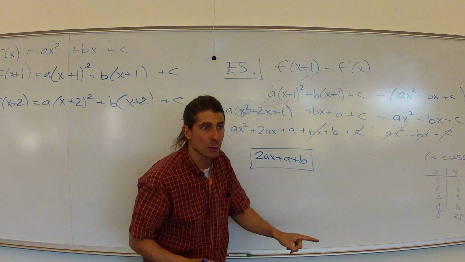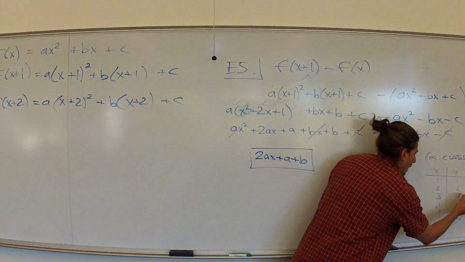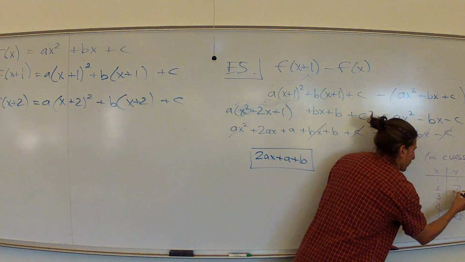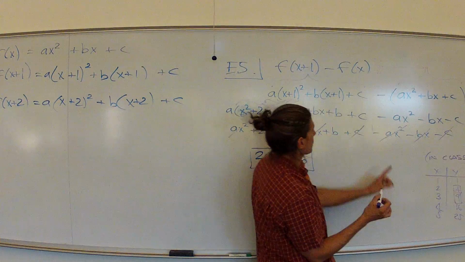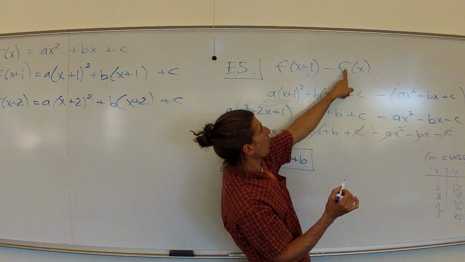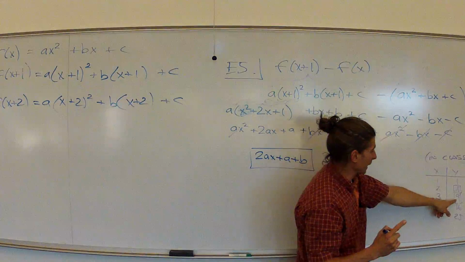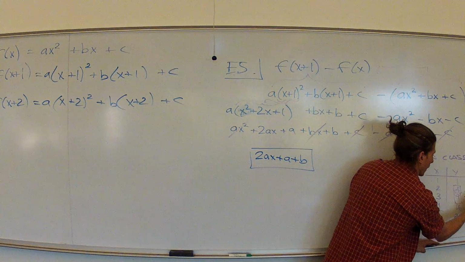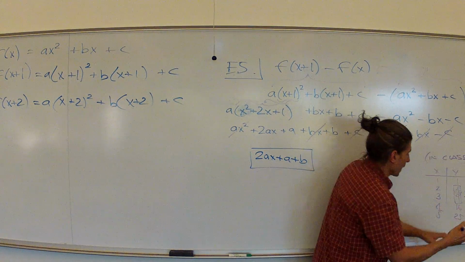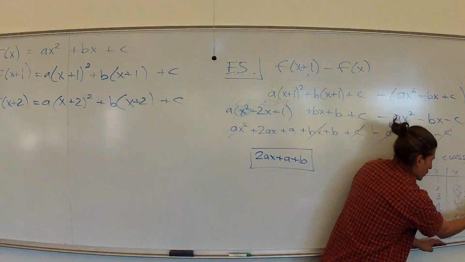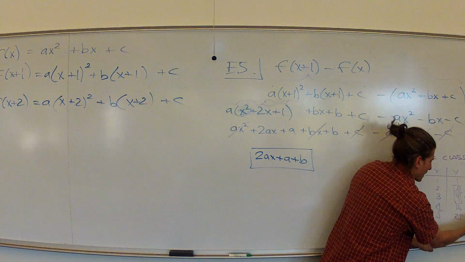So essentially what you did was a y value minus a previous y value, a y value minus a y value gotten from an x value that's 1 less. So you took 9 minus 4 and got 5. Or it was 16 minus 9 when you got 7. Or it was 25 minus 16 when you got 9.